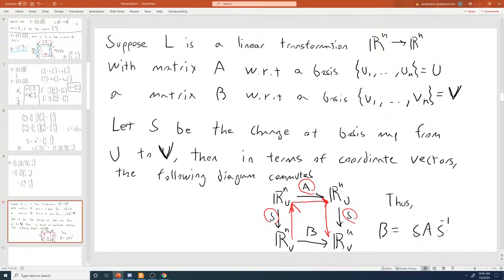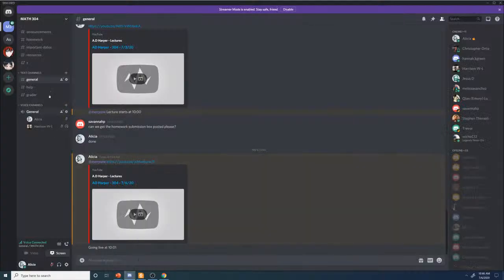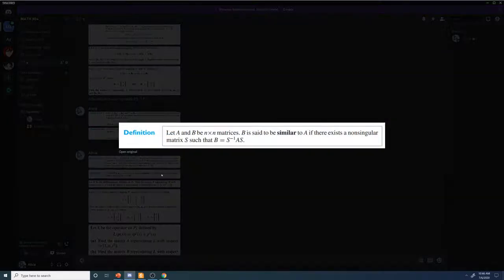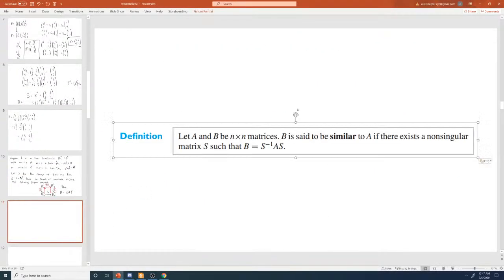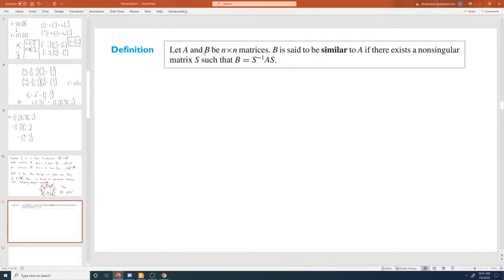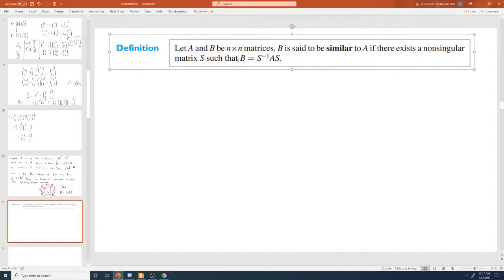Let's give a definition to this idea. So suppose you have two n by n matrices, A and B. Then B is said to be similar to A if there exists a non-singular matrix S such that B is equal to S inverse times A times S. So here you'll note that the inverse is on the left side rather than the right, but it doesn't really matter, because you could just as easily replace S with S inverse, so the inverse ordering doesn't matter.